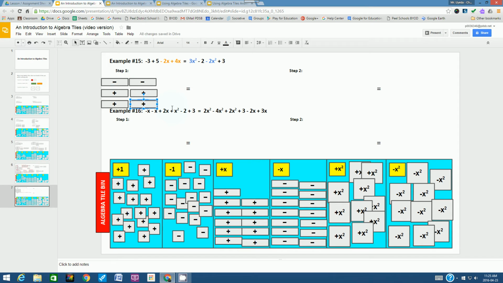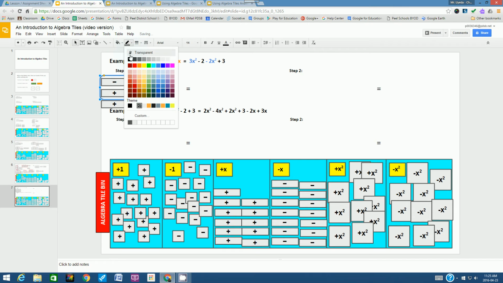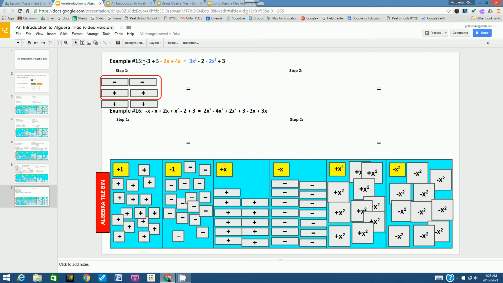Now to save space, because there's really not a lot of space, I've stacked my positives together, but I've stacked them underneath the negative x's so that I can recognize zero models. And I can see that there are 2 zero models created on the left-hand side. Now I'm going to concentrate on my integers on the left-hand side. I really don't have a lot of room.